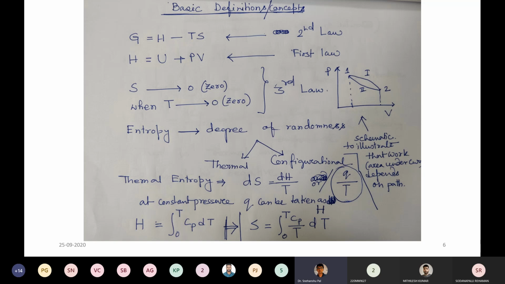When you are considering constant pressure, you can also understand there is a heat capacity concept. We are not talking about constant volume heat capacity; we are going to concentrate on constant pressure heat capacity. Why is it so? Because in metallurgical thermodynamics and materials behavior, we generally consider condensed matter.